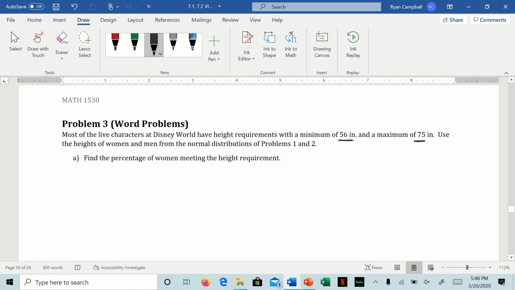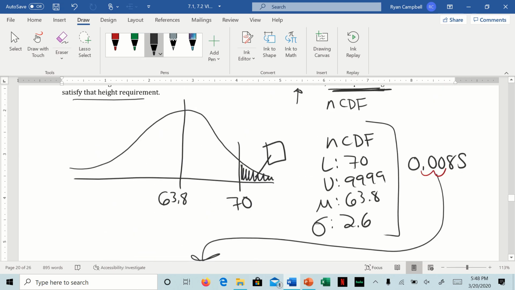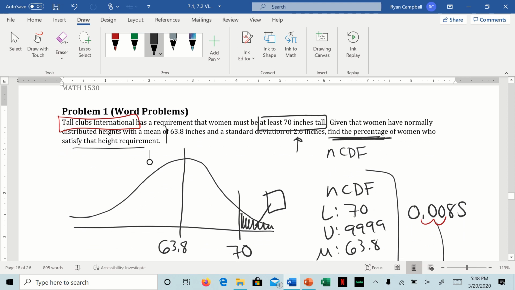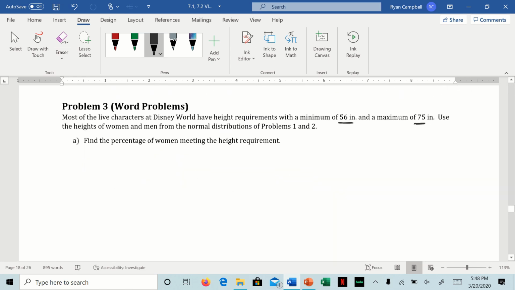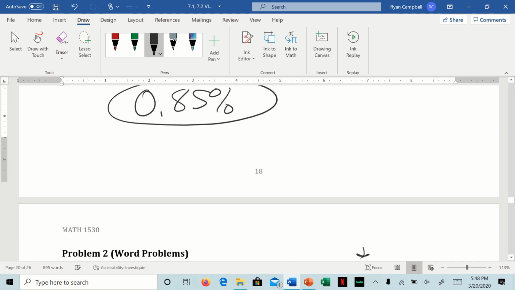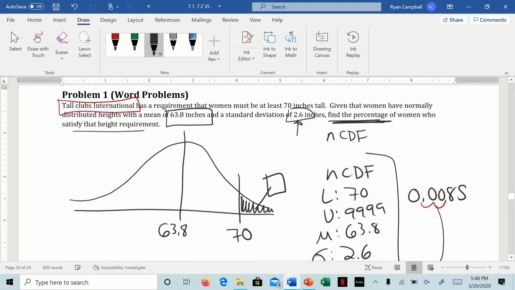So if we go back, problem number 1, we said that the mean for women was 63.8 and the standard deviation was 2.6. So for women, we said mean 63.8, 2.6. Let me just double check because I was already wrong once. Don't want to be wrong again.